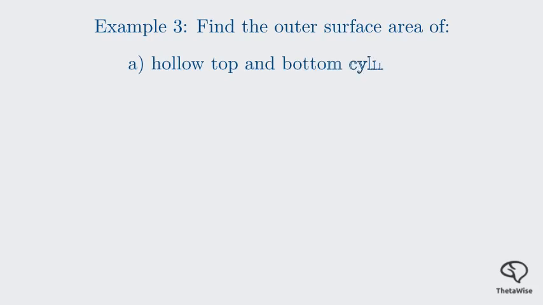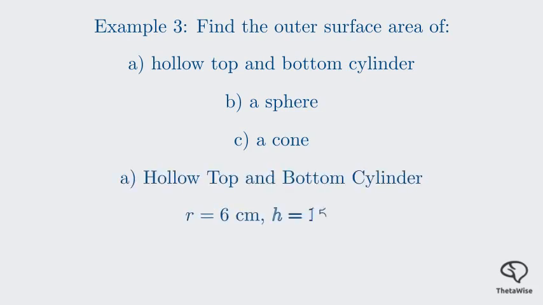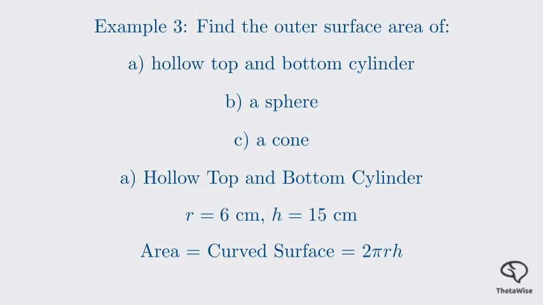Let's apply these new formulas with example 3 from your notes. The example asks us to find the surface area of 3 different solids, each with a slight variation that requires careful application of the formulas. Part A asks for the surface area of a cylinder with radius 6 centimeters and height 15 centimeters, which is hollow on top and bottom. Because it's hollow, we don't include the area of the circular ends.